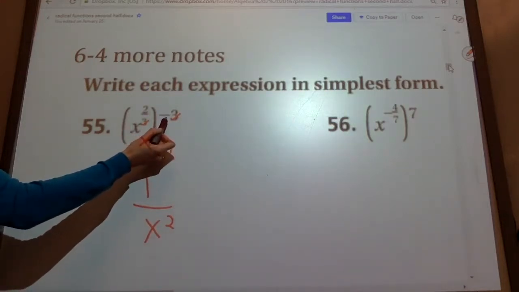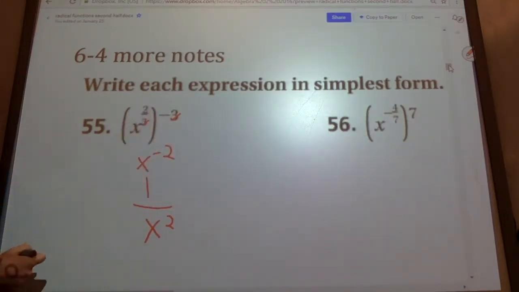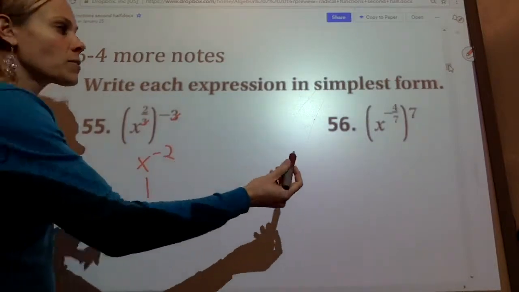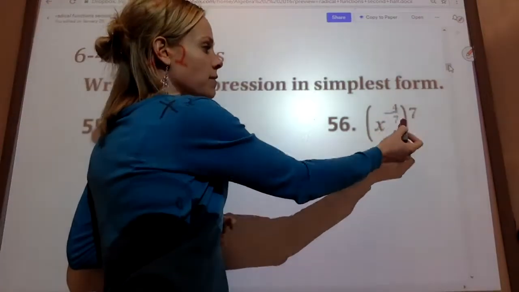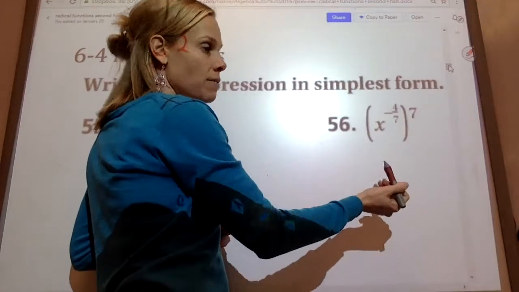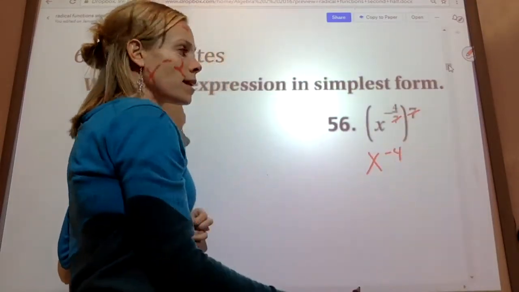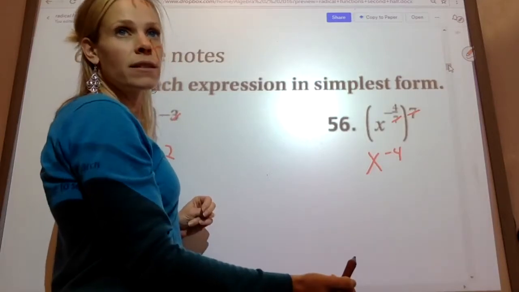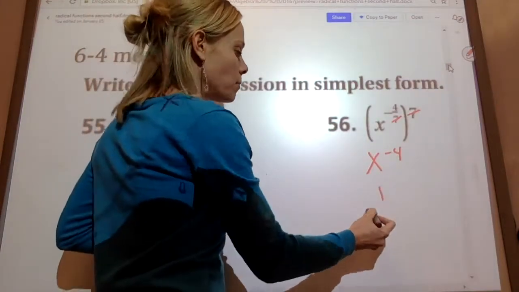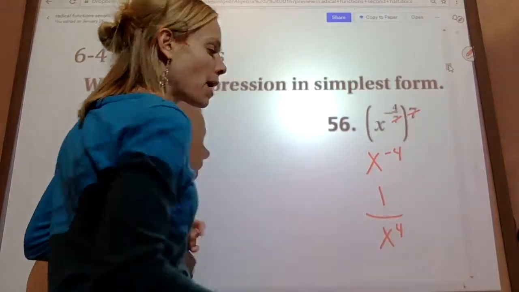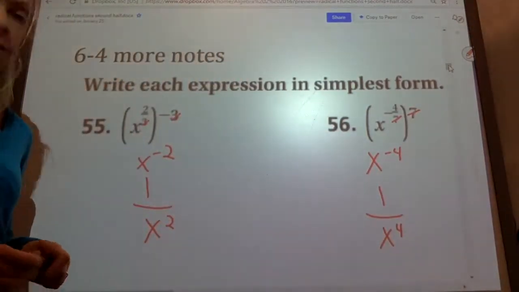Because this is a negative times a positive, which is negative. Okay? So like this one, -4/7 times 7, what happens to the 7's? They cancel out, and I get x to the -4. Can I have x to the -4? No, you gotta put it on the bottom to become positive. Okay.